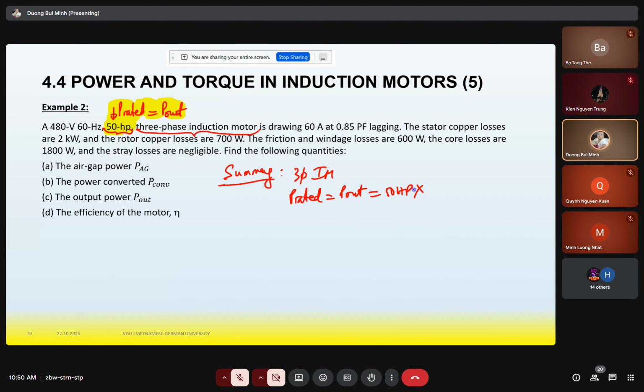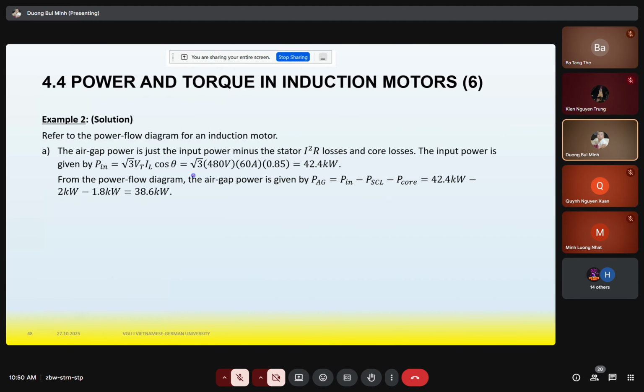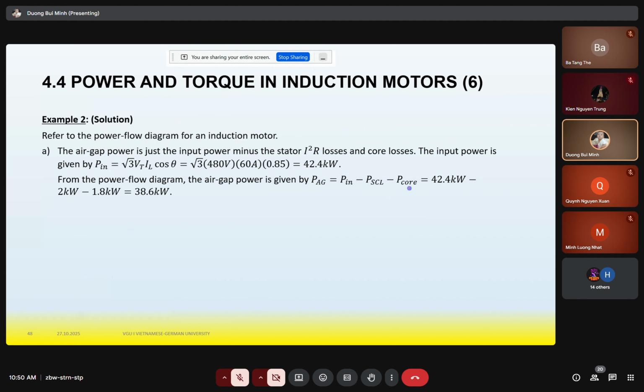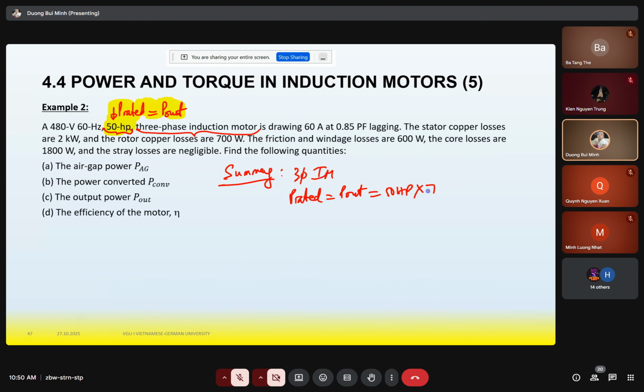And every HP is how many watts? 746 watts. So in total, 50 times 746, you get 37,300 watts. That means 37.3 kilowatts.